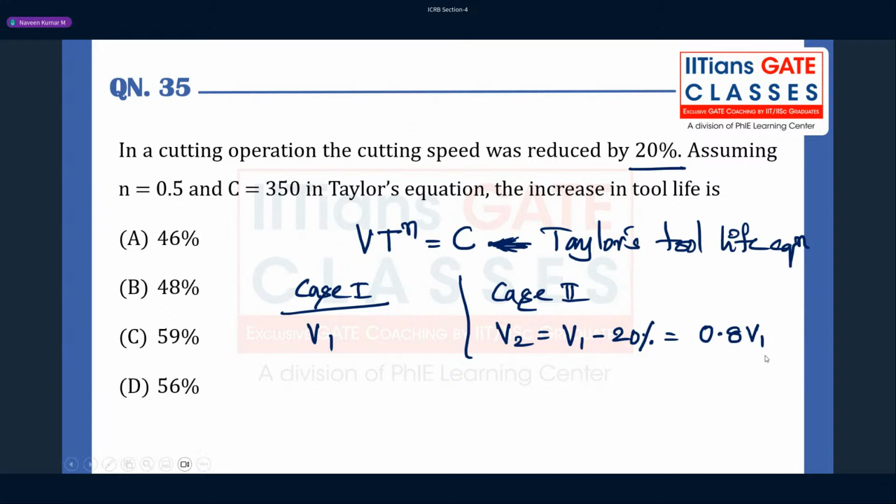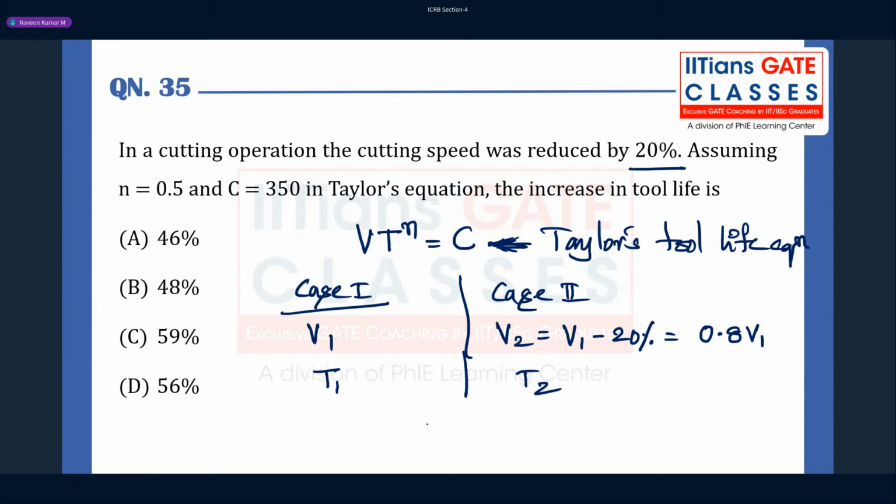Now they're asking what is the increase or decrease in tool life. Obviously, if you reduce cutting speed, your tool life will increase. That is a known fact. So T1 and T2, and they want the percentage increase.